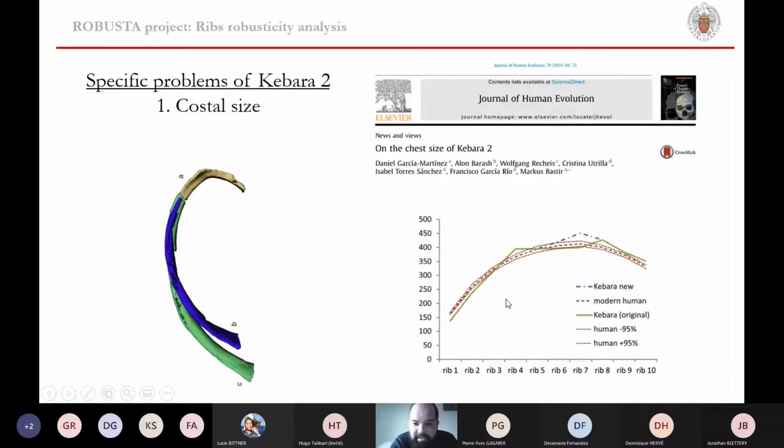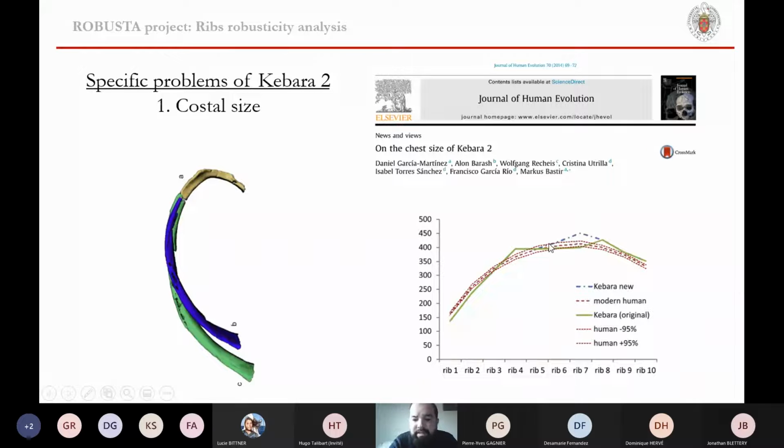So in here, on the right hand side, you can see the ribs from 1 to 10 on the x-axis, and on the y-axis you can see the size of the ribs. The green line is the original Neanderthal size, and in the blue line, you can see the correctly reconstructed ribs. So you can see that in this part, the Guevara rib cage is actually larger than initially proposed.